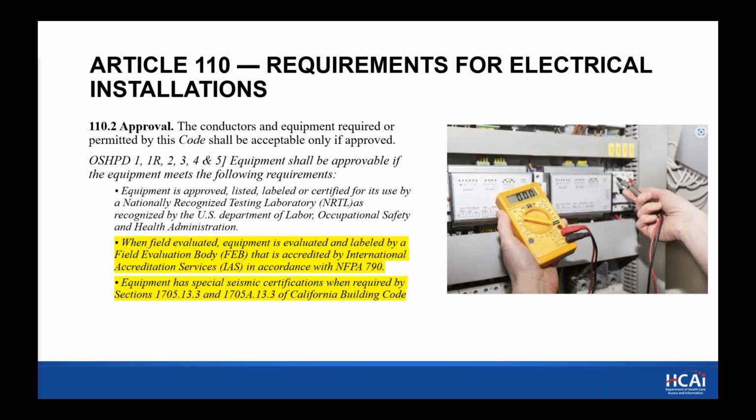Approval. We've always had the requirement that equipment is approved if it's listed by a nationally recognized testing laboratory. We've also added, when field evaluated, equipment is evaluated and labeled by a field evaluation body accredited by the International Accreditation Services.